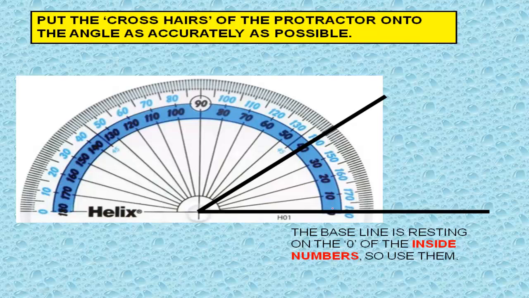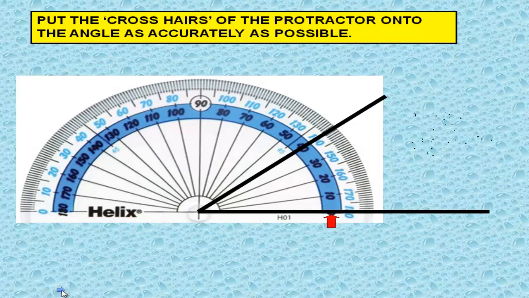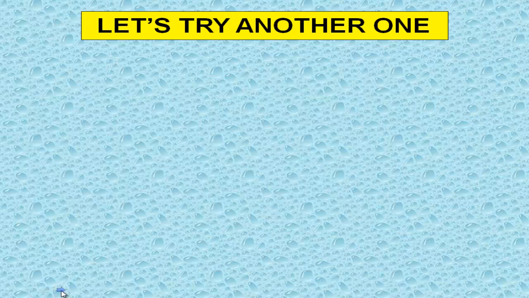You can imagine that you're also increasing numbers going that way. So you would use from 0 to 40. And that's how you would measure this angle. Since the line is resting on 40, this angle measures 40 degrees.